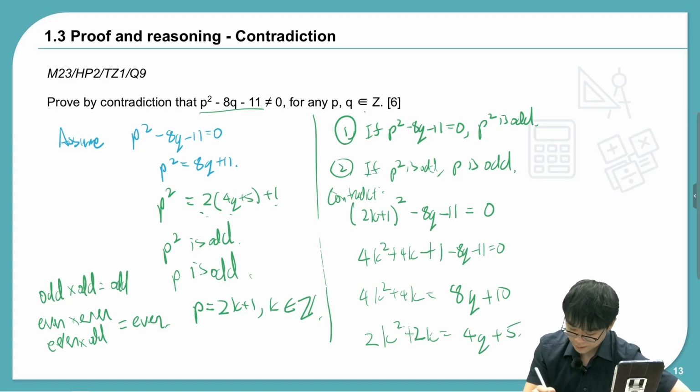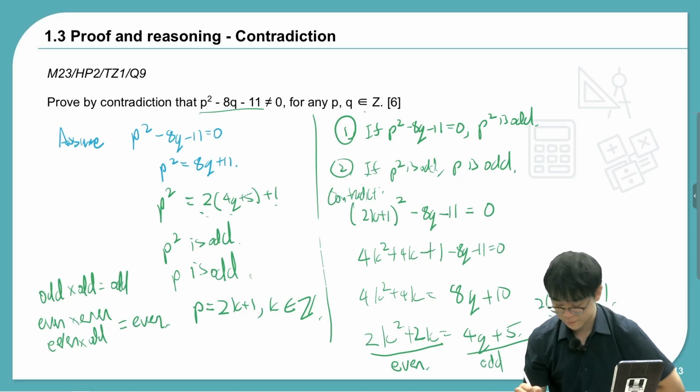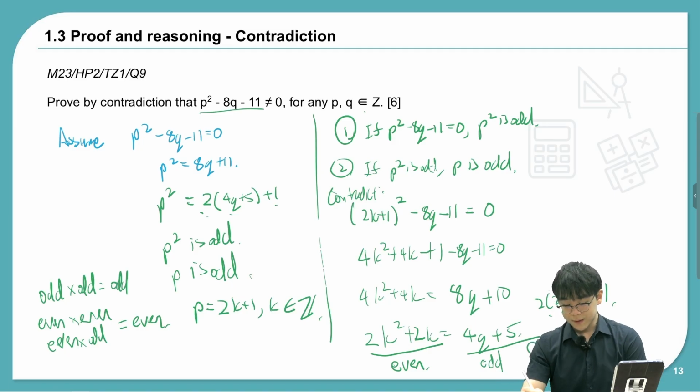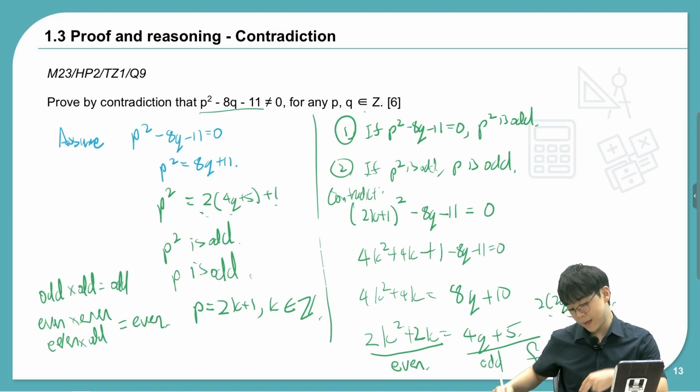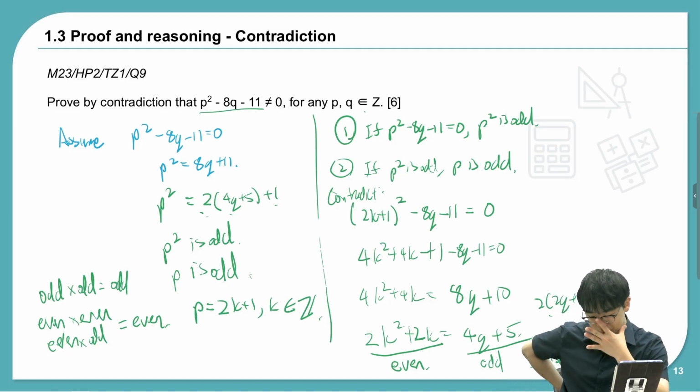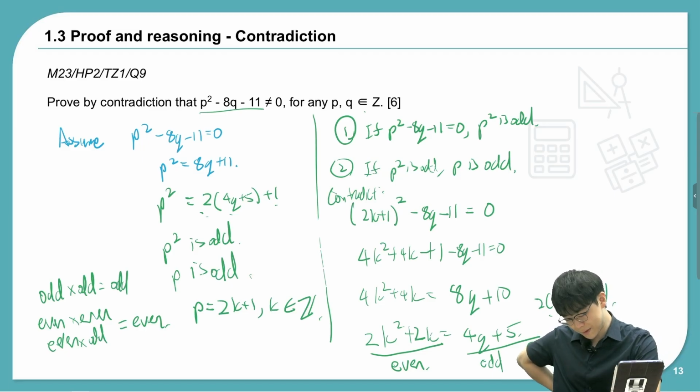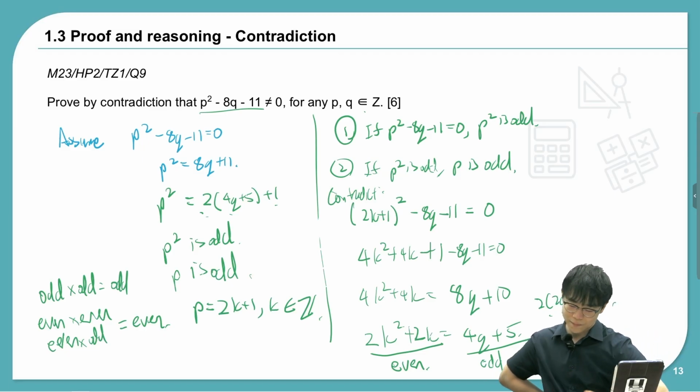Wait a minute, we just showed that K is an integer, so this is going to be an even number, right? And if Q is also an integer, then this is going to be an odd number, right? Because we have 2 times 2Q plus 2, plus 1. So we're going to have an even number plus 1. So this has to be false, right? There's no way we can find a K and a Q that satisfy this, where one side is even and one side is odd.